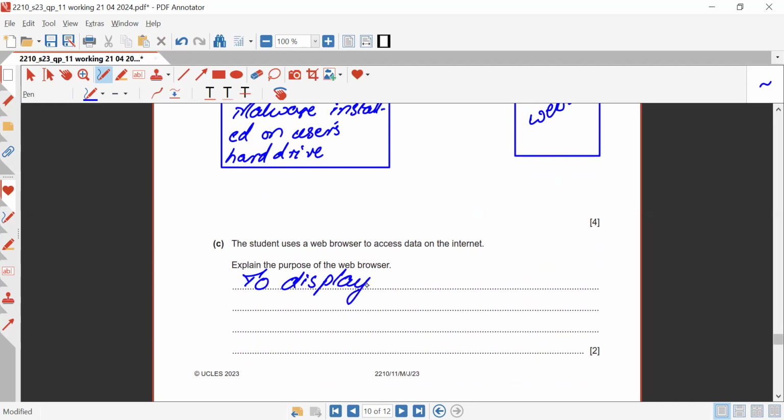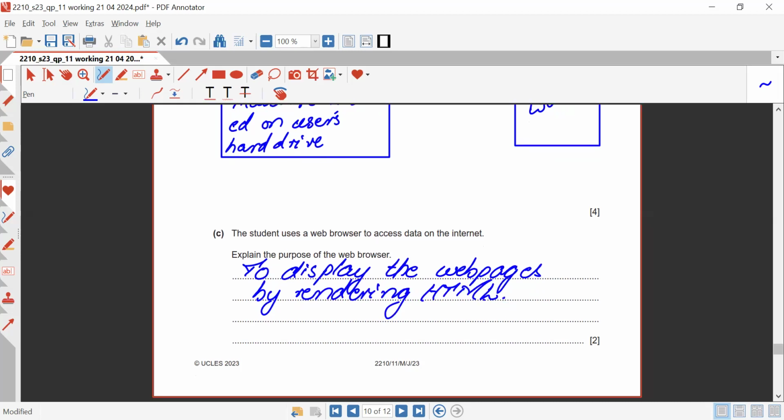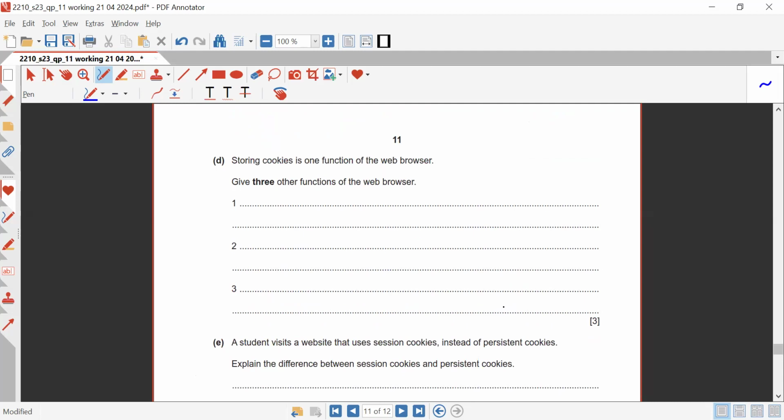To display the web pages by rendering HTML. So by rendering the HTML language, it will be displaying the web pages.